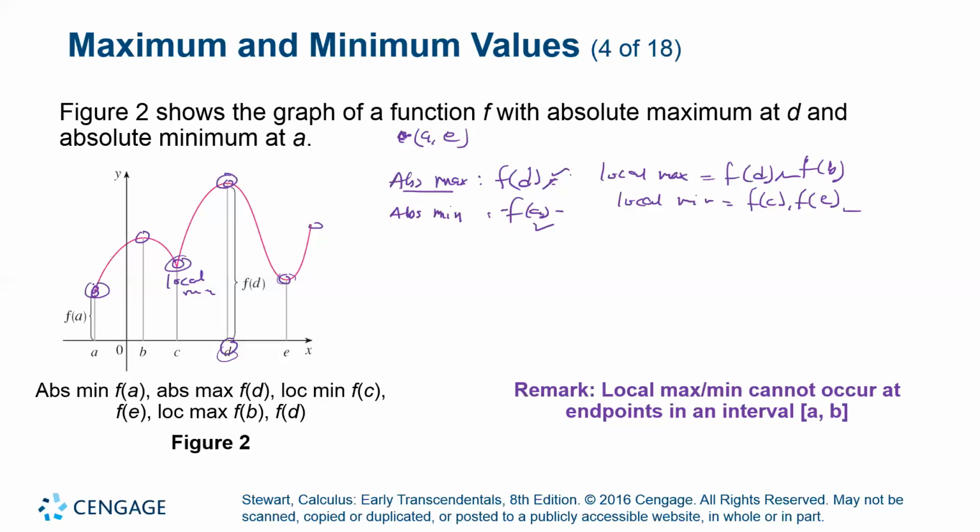And then this is the smallest. Now, I want to make a point that we cannot have local maximum or minimum occurring at the endpoints of an interval. So this f of a cannot be a local min, because it's at the endpoint. Making sense? All right.